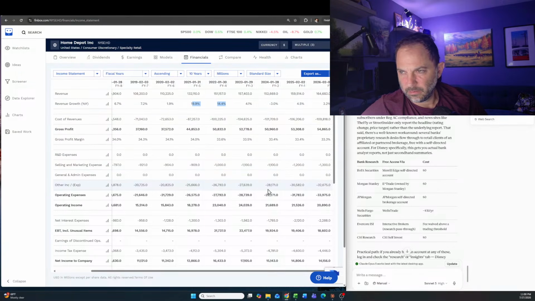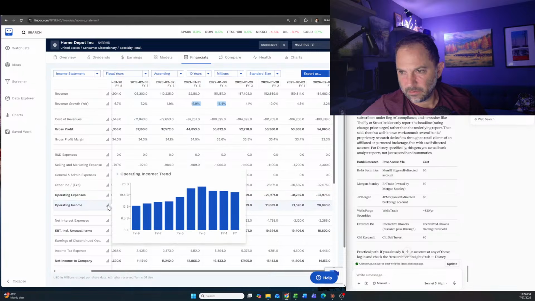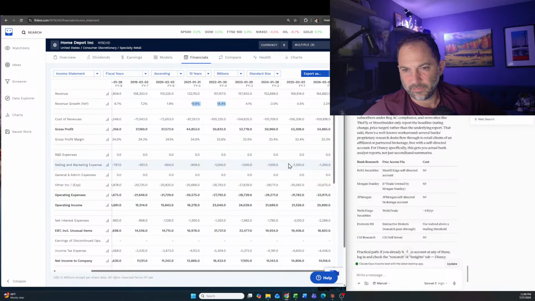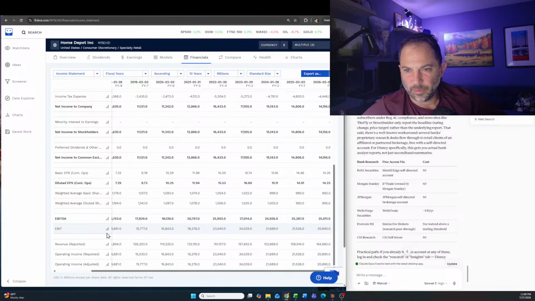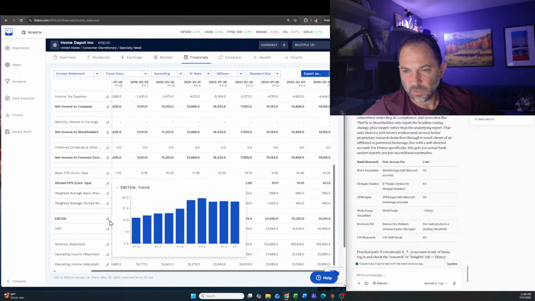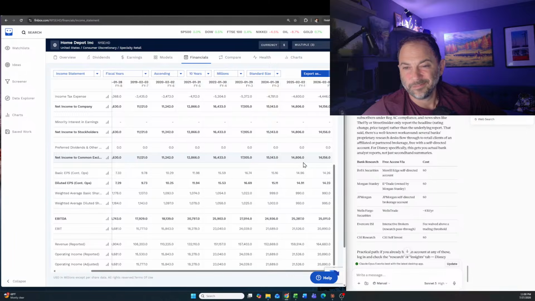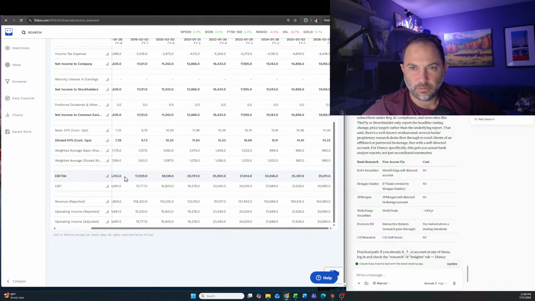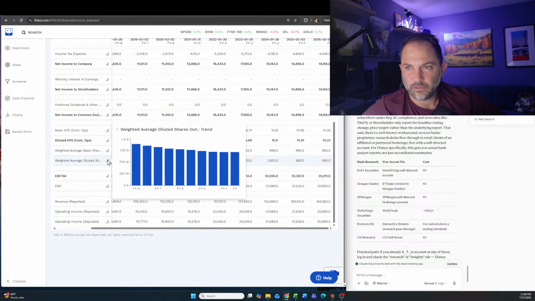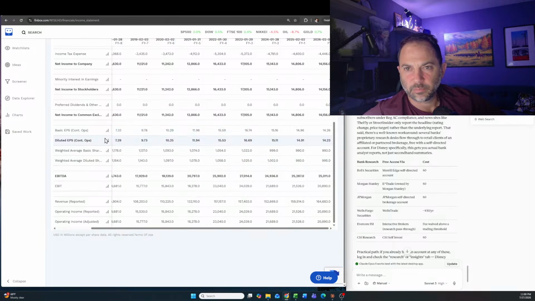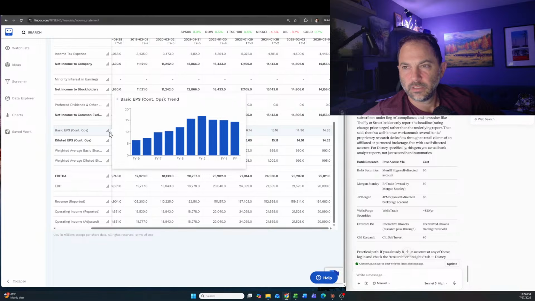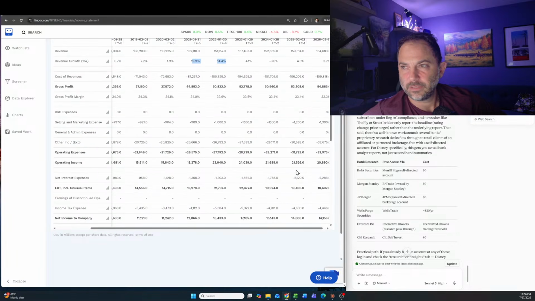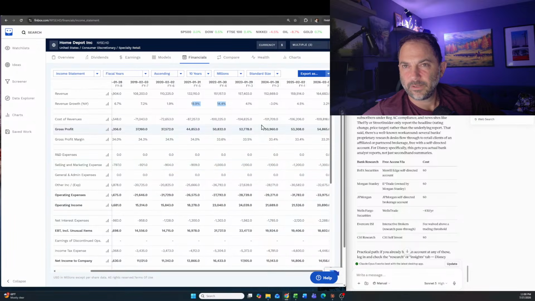So pretty flat. Operating earnings are kind of flat. I don't know if people are maybe buying a little less. EBITDA recently has flattened out. Diluted shares, they're continuing to buy back shares, and that's propping up earnings per share growth. That's probably going to come back as well. So maybe they're not the best. They're not the best pick.